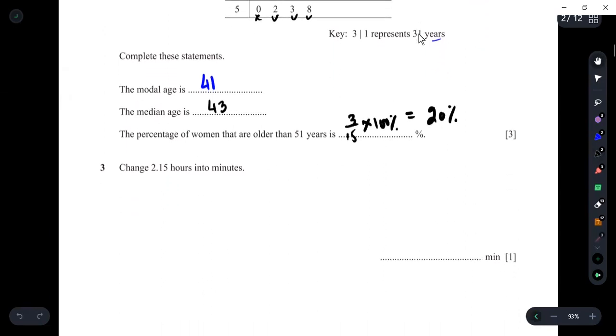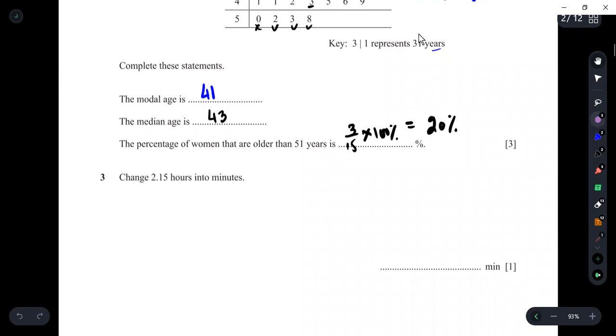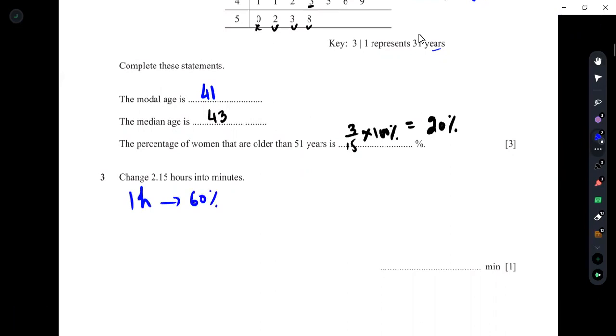Change 2.15 hours into minutes. So we know that in each hour there are 60 minutes. So 1 hour means 60 minutes. If we want to find the time in minutes for 2 hours, it is 2 times 60, for 3 hours, 3 times 60.